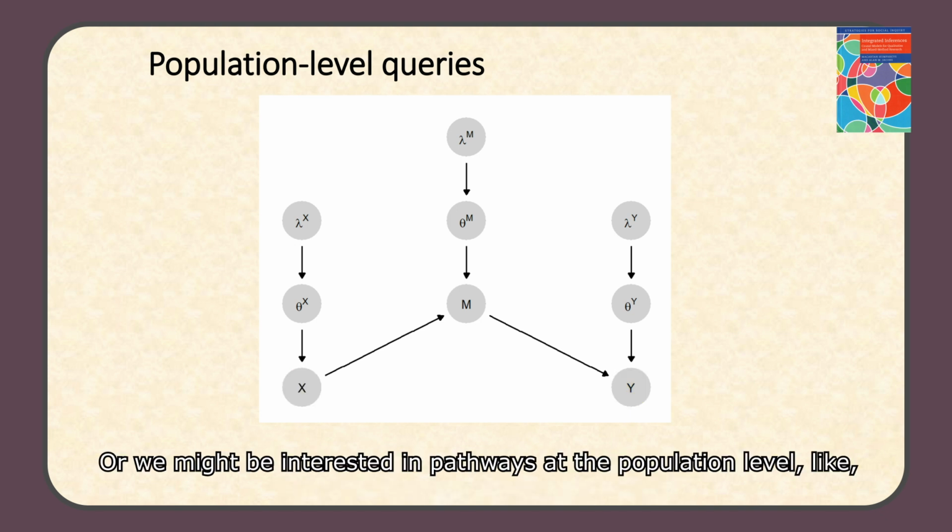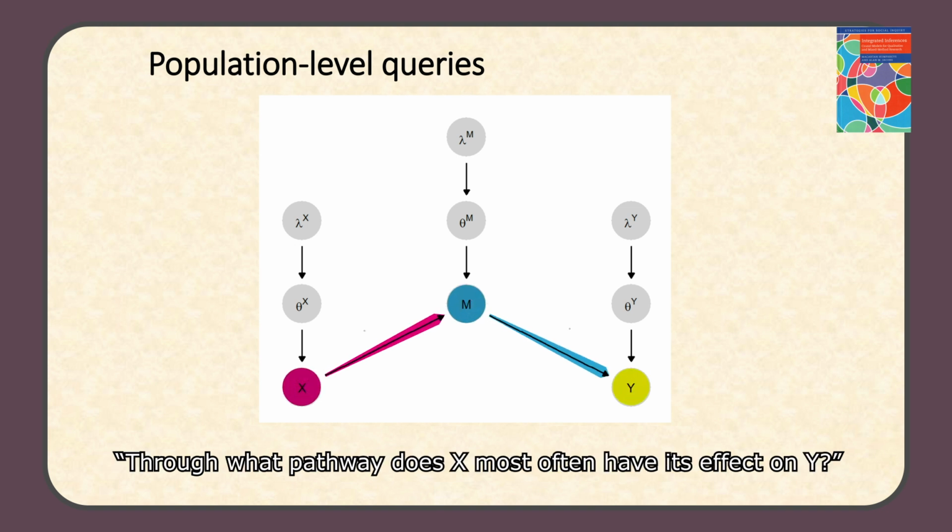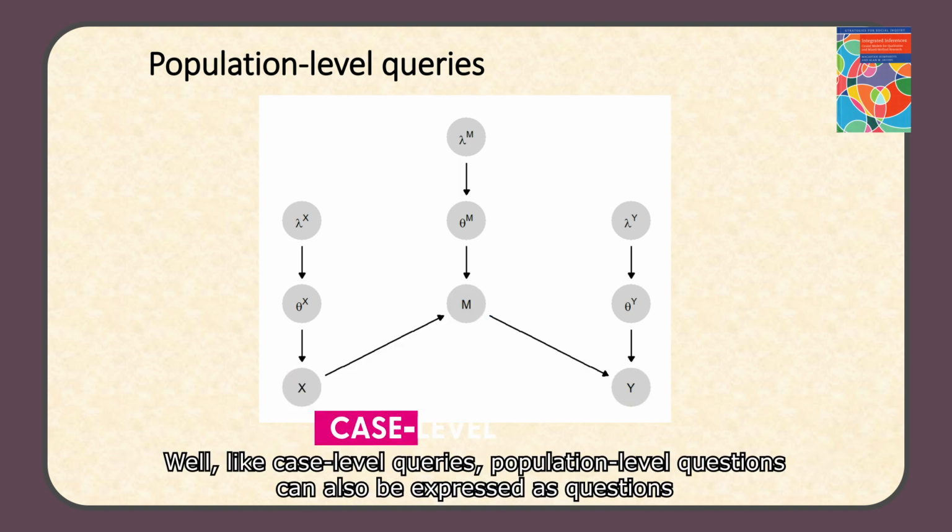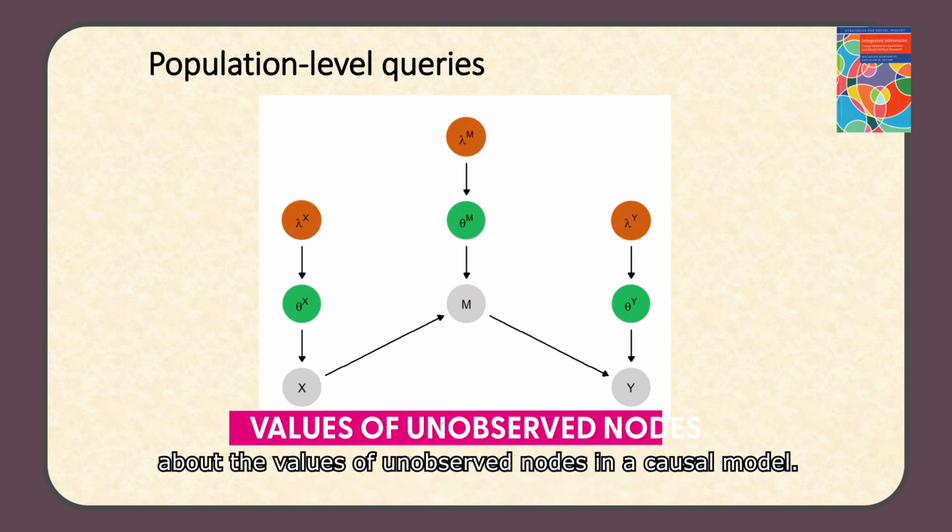Or we might be interested in pathways at the population level, like through what pathway does X most often have its effect on Y? Well, like case-level queries, population-level questions can also be expressed as questions about the values of unobserved nodes in a causal model.